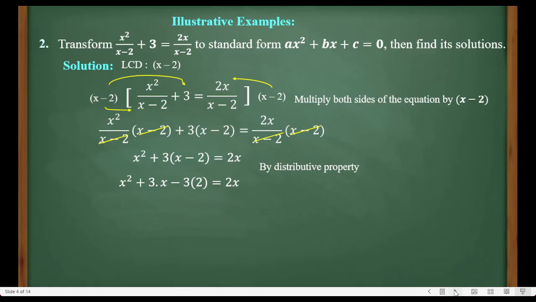Then simplifying the left side further, we have now x squared plus 3x minus 6 equals 2x. And 2x to the right must be transposed to the left. And it should be combined with 3x, because 2x and 3x are similar terms.